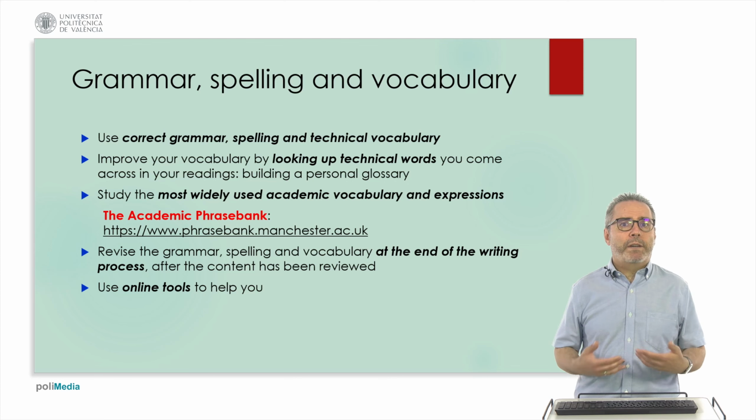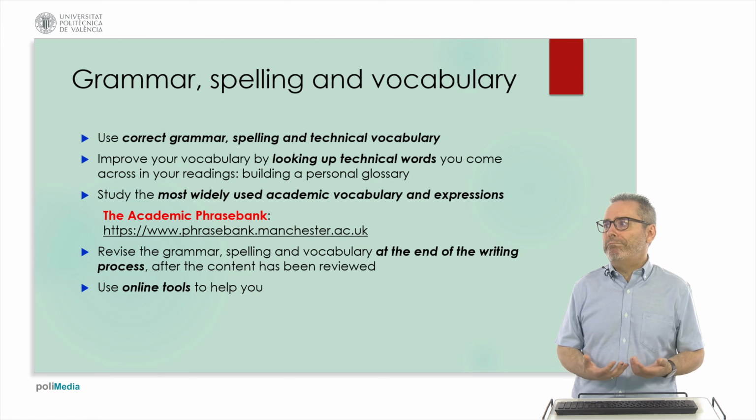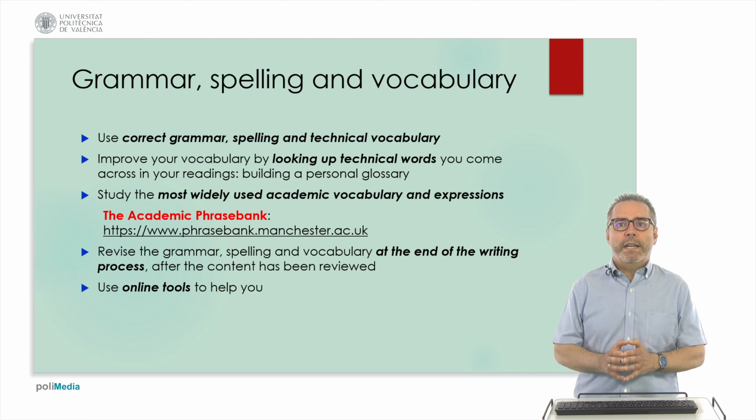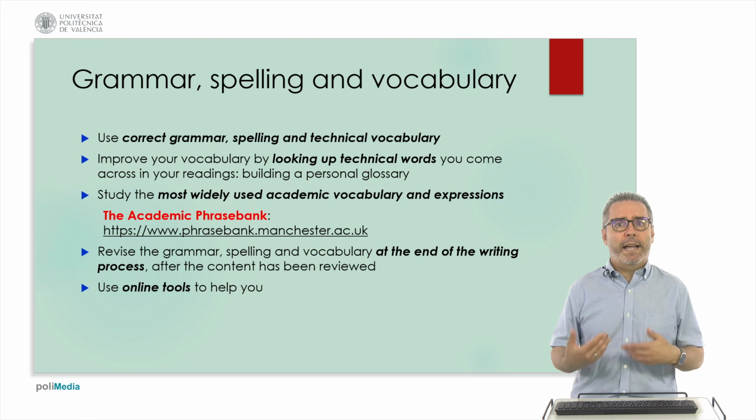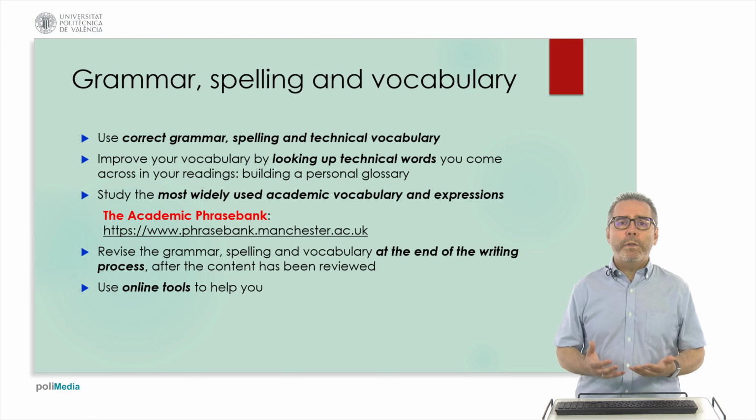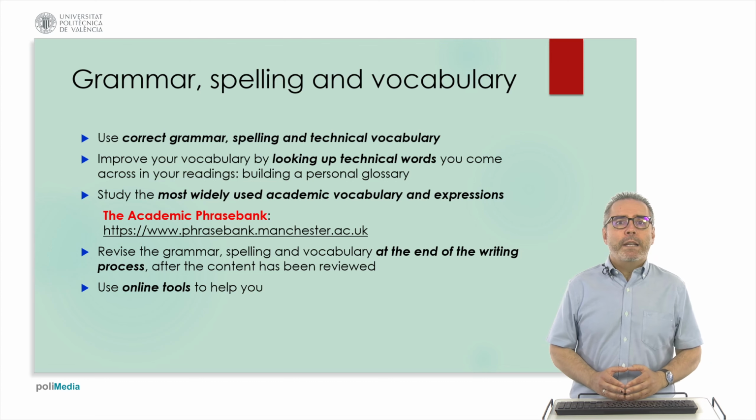And of course, you have to improve your vocabulary every day, looking up technical words in a dictionary, because it is normally not very easy to use very specific words in the right way. A good idea would be to build up a personal glossary. Although there are some tools that are very useful.